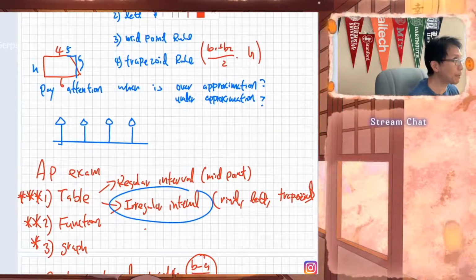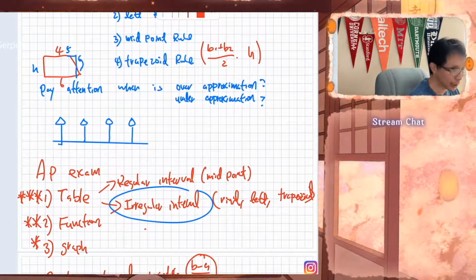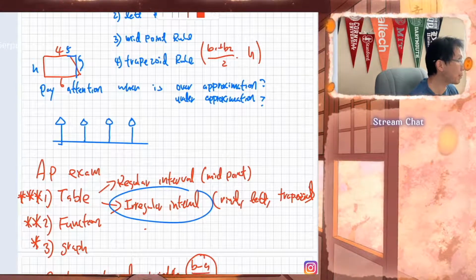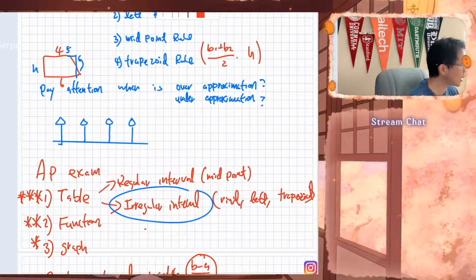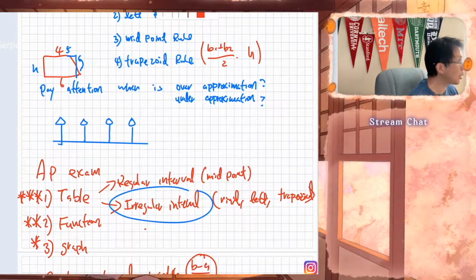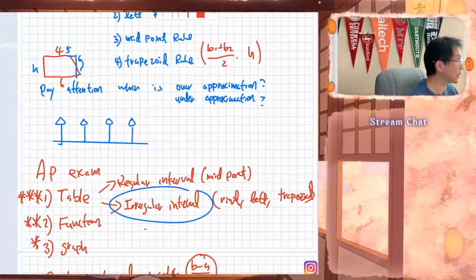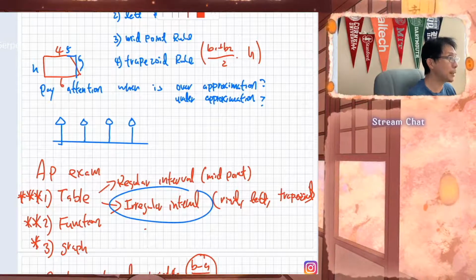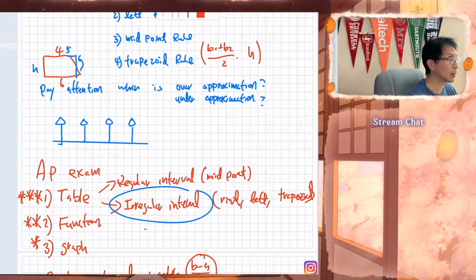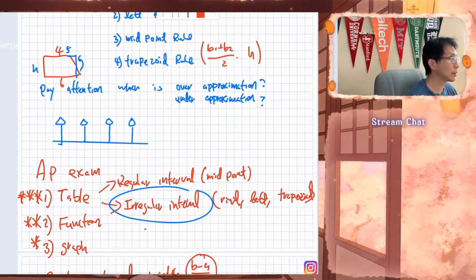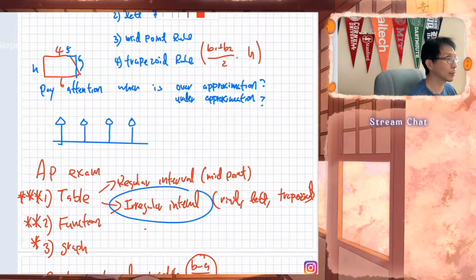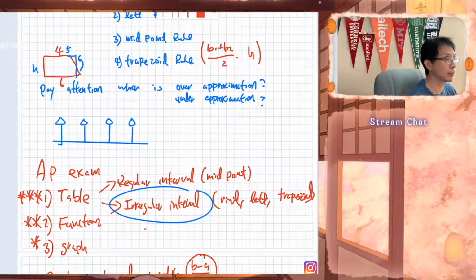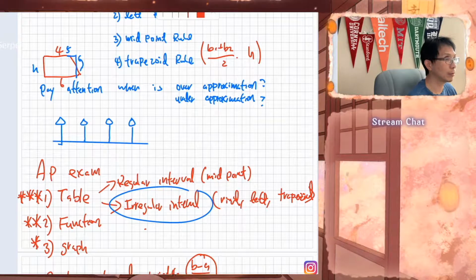Again, the AP exam focuses on 3 things: tables, which is the most popular one, functions, and graphs. Tables take into account regular intervals and irregular intervals. What does a regular interval mean? Irregular is when it isn't evenly spaced out.